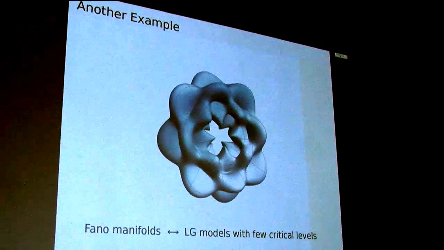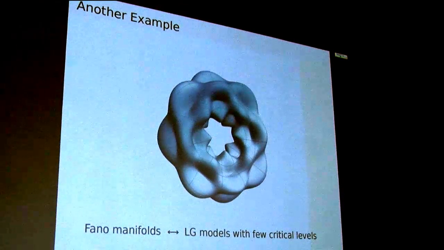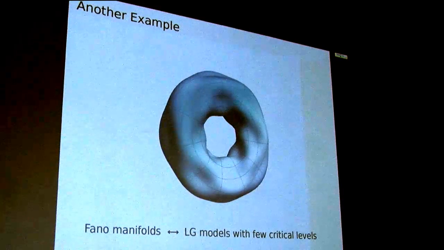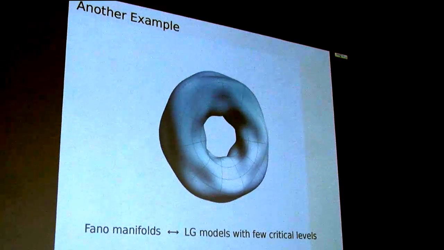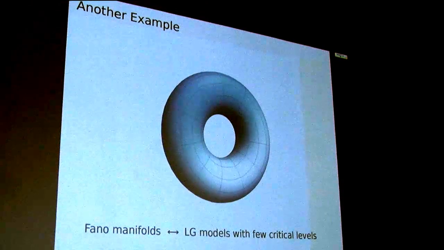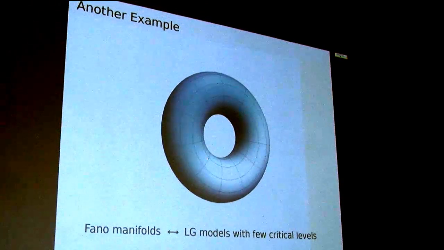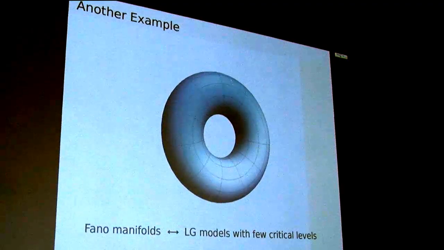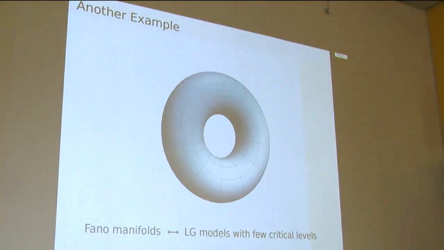Can I make all my mountains a bit smaller? See, it's flattening out, and all of the peaks are going away, and all the valleys are going away. I've got to that, where everything is smooth now. How many critical levels does that have?